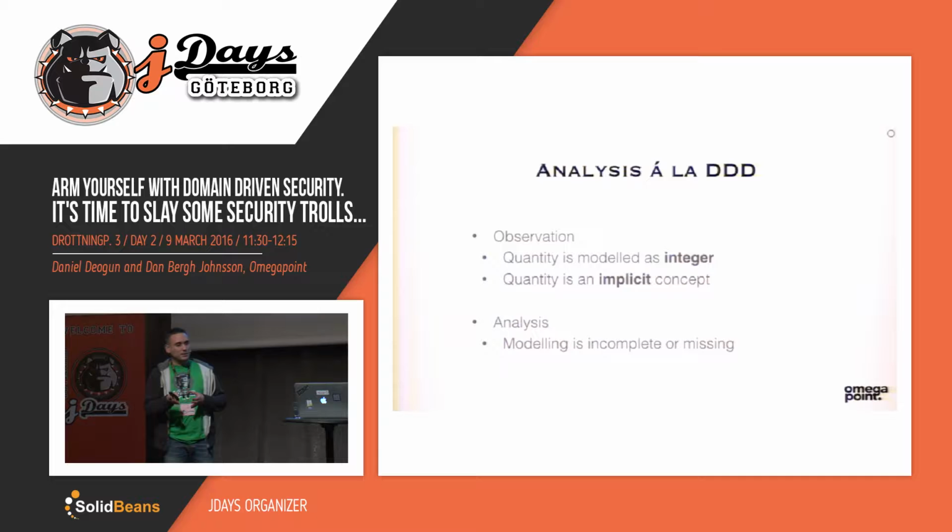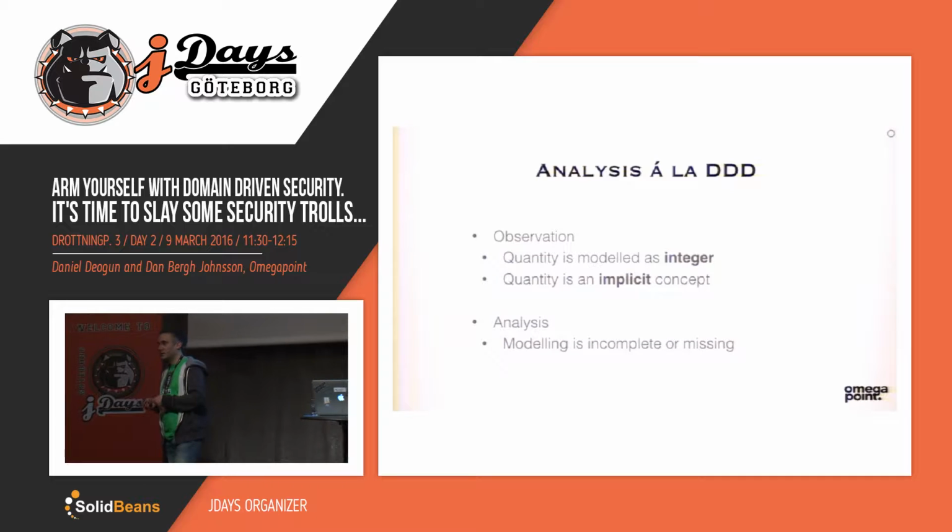And it's probably because the business analyst or domain expert said, you know what, I want to be able to buy books. Okay? And I don't want to buy 1.5 books. I want to be buying whole numbered books. And the developer goes like, yeah, this is an integer, right?